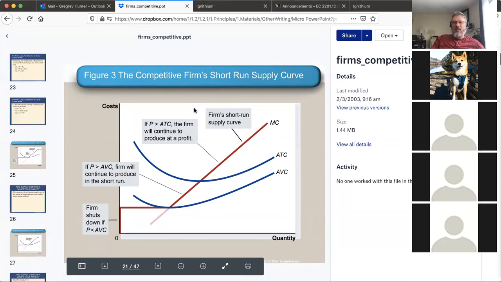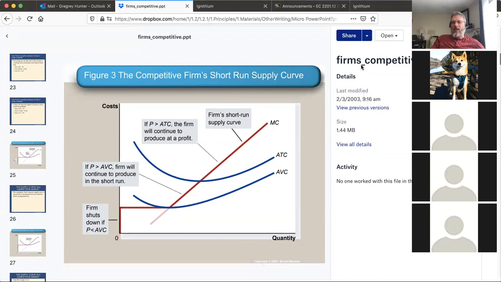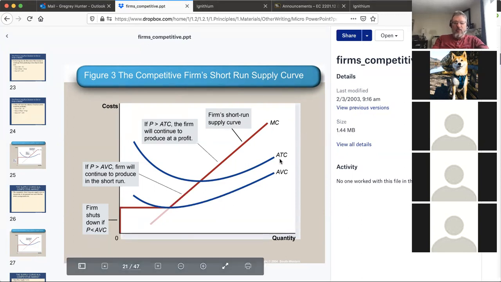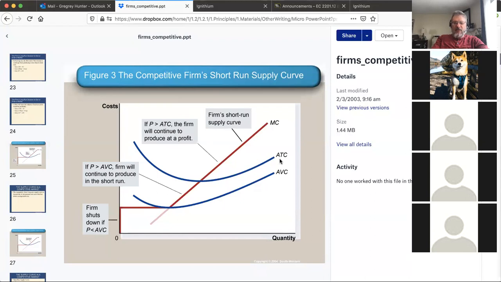One of the things I will put in the chat really quickly because it seems like a good place to put it is this note, which is the average total cost is equal to the average fixed cost plus the average variable cost. Okay.